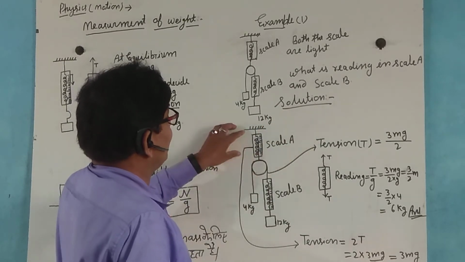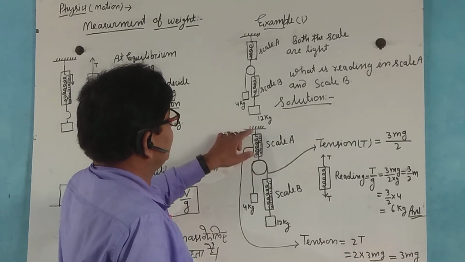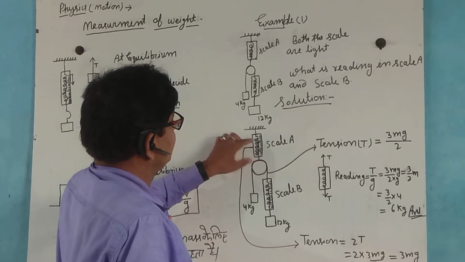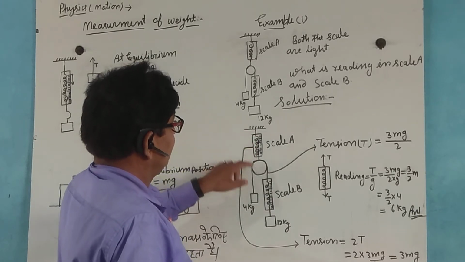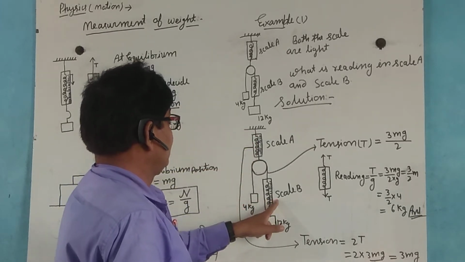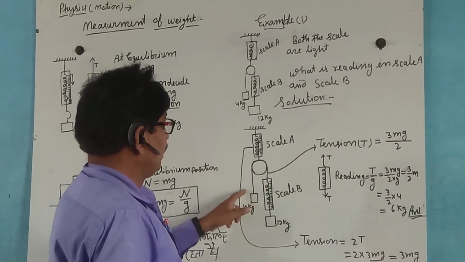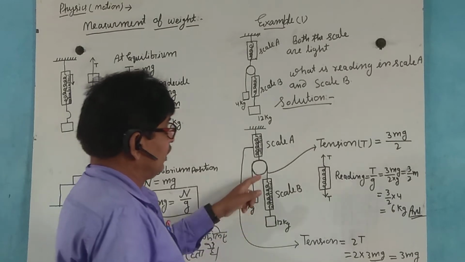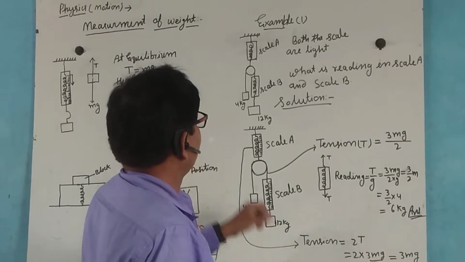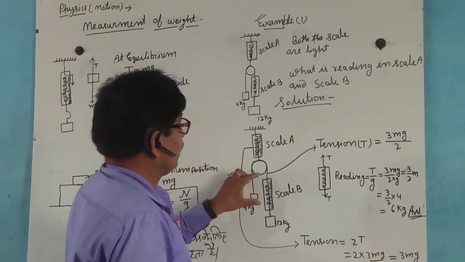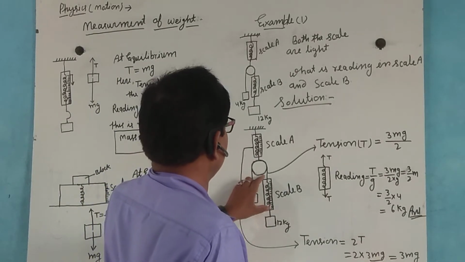Solution. Now this is a rigid body. This is scale A and this is scale B. This is a pulley with a string passing through it, with 4 kg attached at one end and 12 kg at the other. Now we have to calculate the tension in the scale.